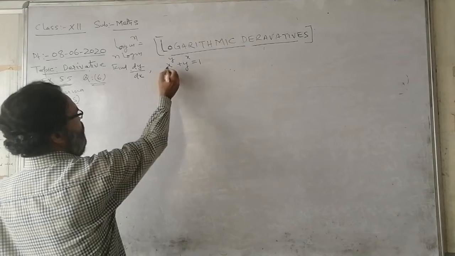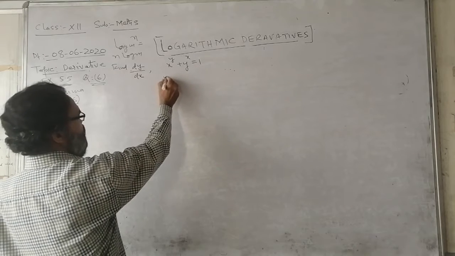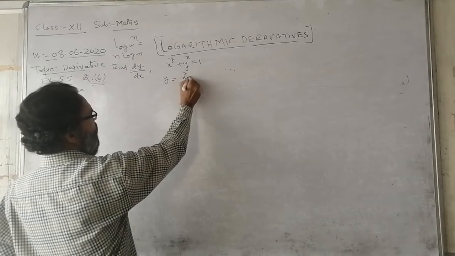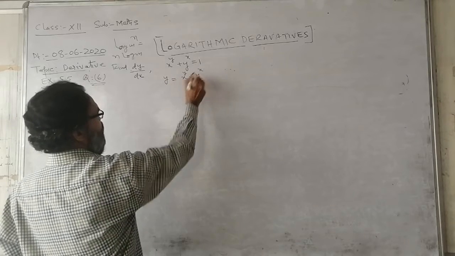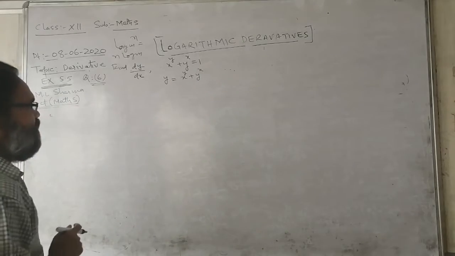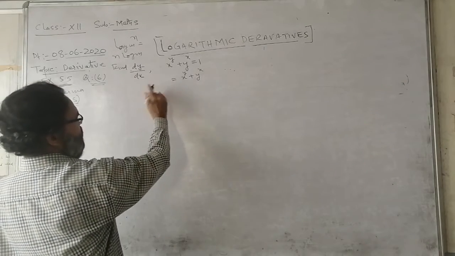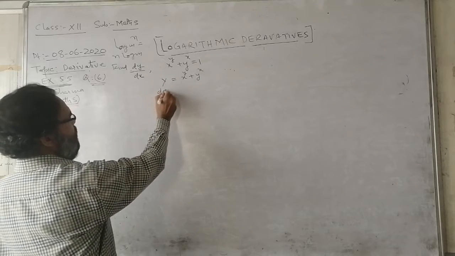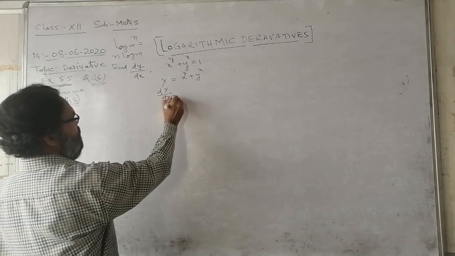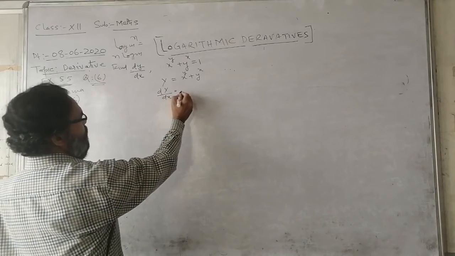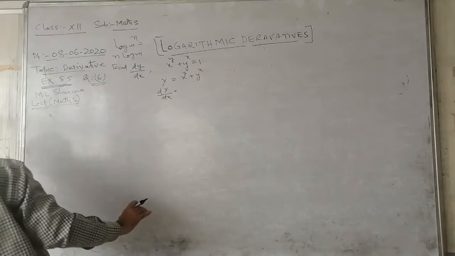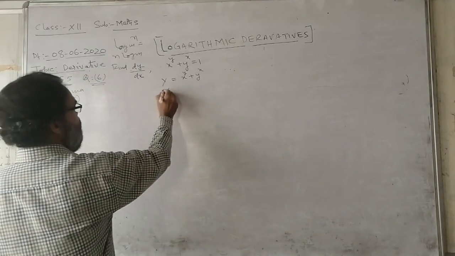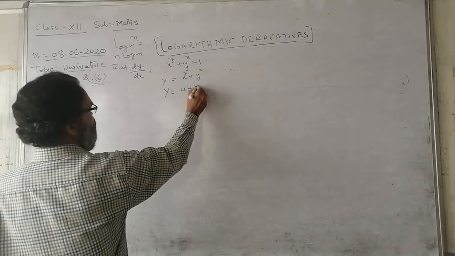So if this is given to me, if I say capital Y equal to x power y plus y power x, let me put this Y equal to u plus v.